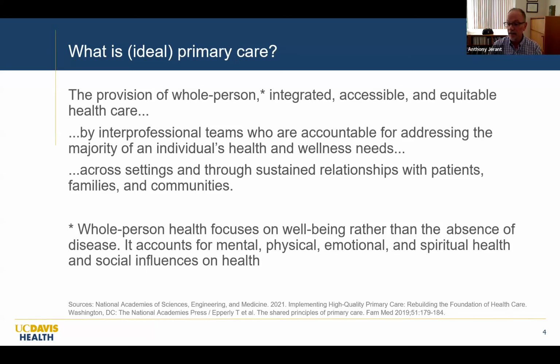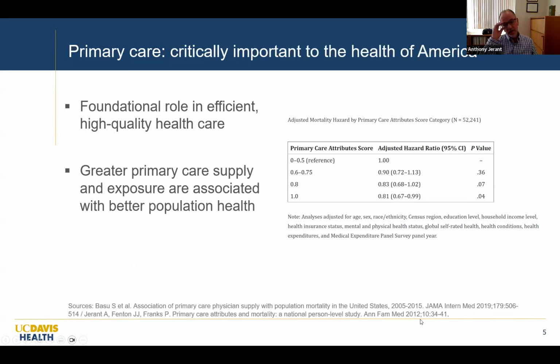It is a lofty ideal right now in the United States compared to where most people are in practice. And primary care is critically important to the health of America. So it's foundational, and we know from ecological studies as well as some patient-level data that more exposure to primary care that approaches or meets that ideal is associated with better health and even better longevity.